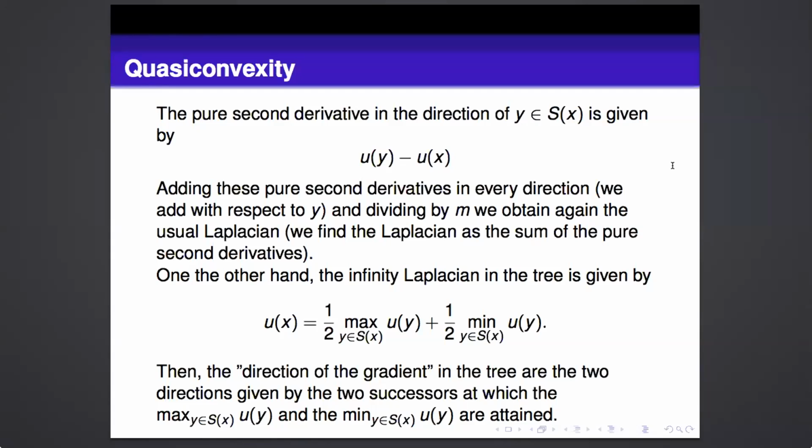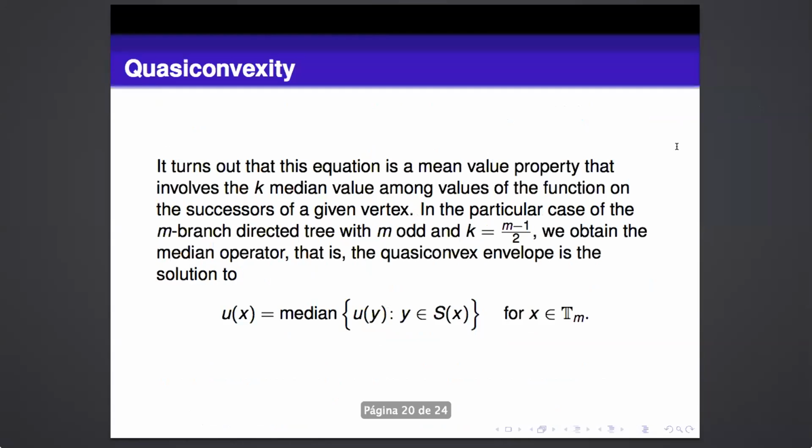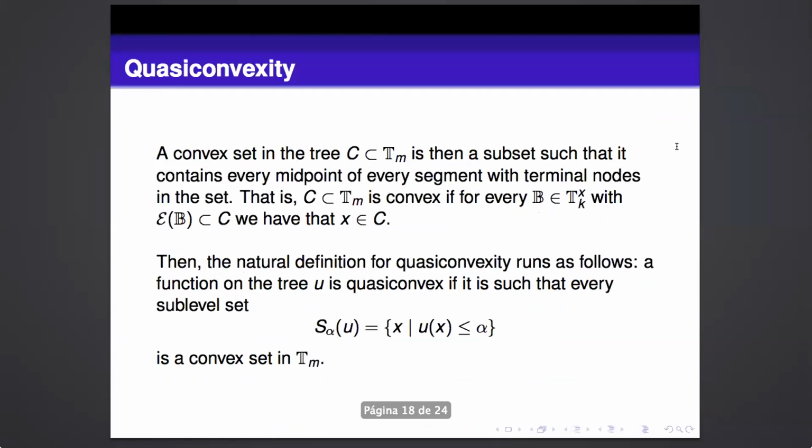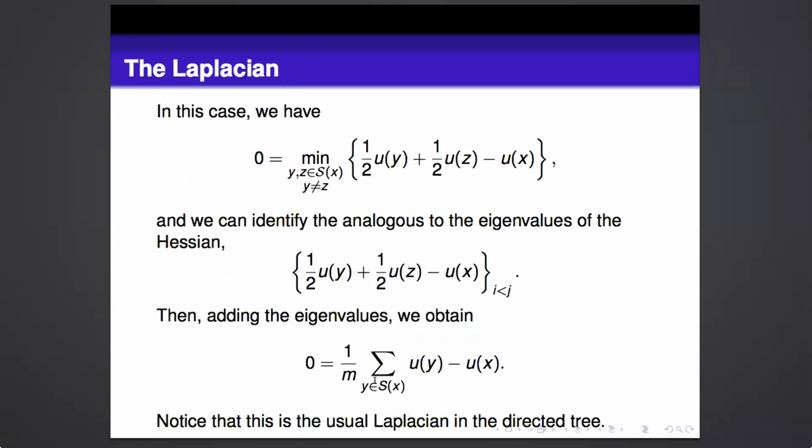And if you add among all these possible second derivatives, so you add among all possible successors y, then you will find again this Laplacian, because you will have the sum of the successors minus n times the value at the point, so you will have a multiple, if you want, of the usual Laplacian.